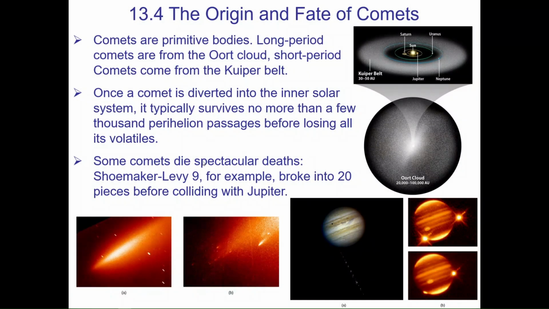Why is it important for us to study comets? Since comets are primitive bodies, and now we know that long period and short period comets come from different places, the comets from the Oort cloud could help us sample material that formed very far away from the sun. We think that might be debris from the initial formation of the solar system.